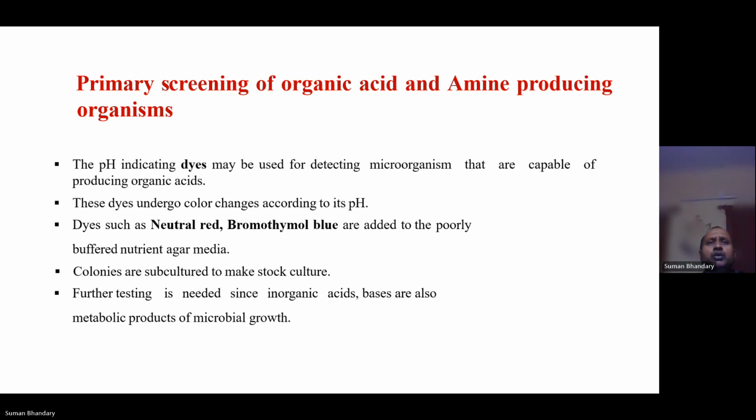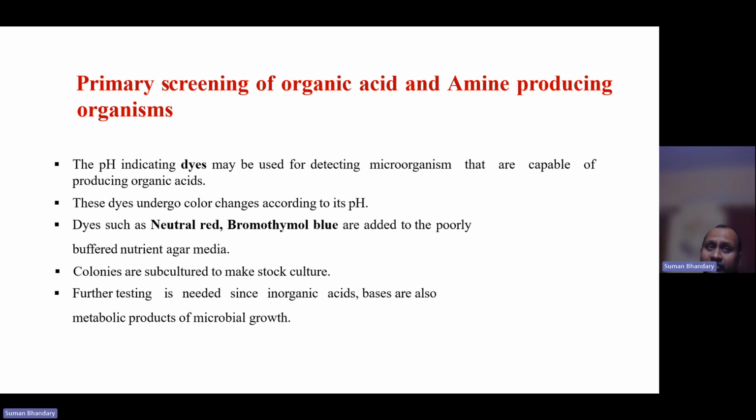Here we incorporate certain pH indicator dyes like neutral red and bromothymol blue into the nutrient agar medium. The change in the color of a particular dye in the vicinity of a colony will indicate the ability of that colony to produce an organic acid or a base.